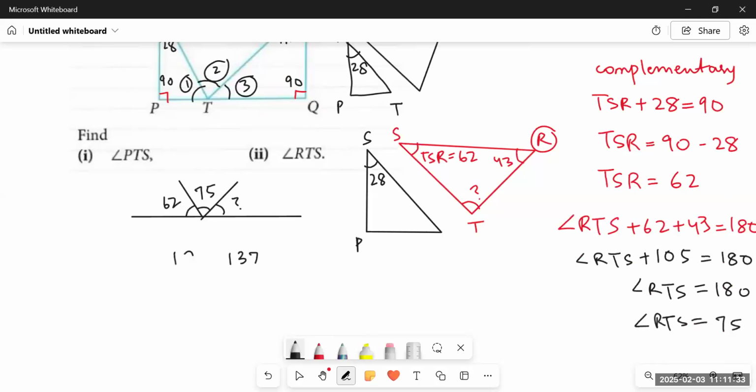And if we subtract 137 from 180, we will get 43. It means this would be 43 degrees. Even if we don't have to find this angle in the question, we know that if we need to find the third angle also, we can now easily find it because we have already found angle PTS, STR, and now RTQ. You see?